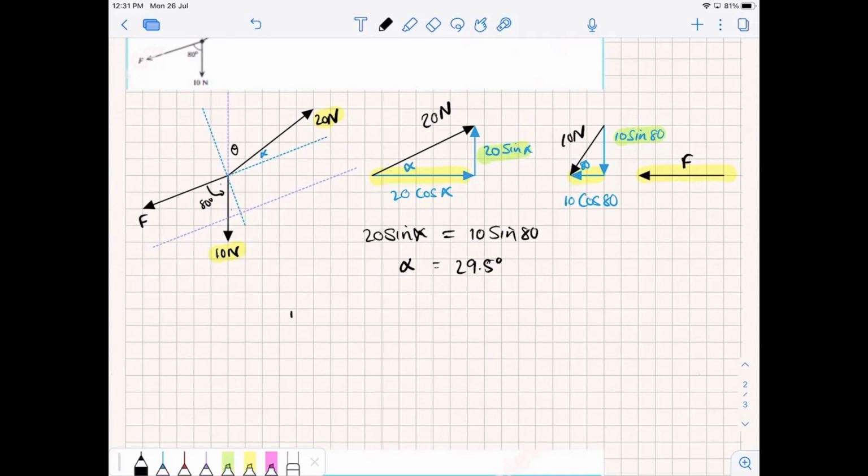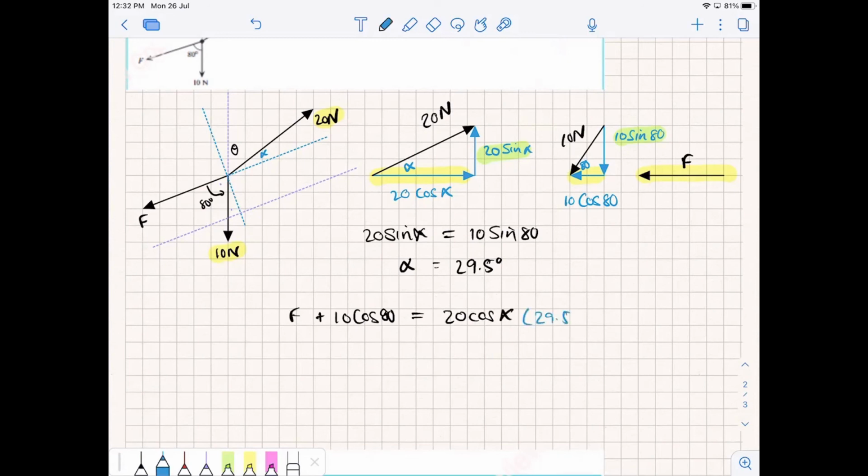Yeah, so F, the force that I'm trying to solve for, and this 10 cos 80, they are acting in the same direction. You can see even from my diagram, the arrows are pointing from right to left. The force acting in the opposite direction is that 20 cos alpha. And the nice thing is we just worked out alpha in the previous step.